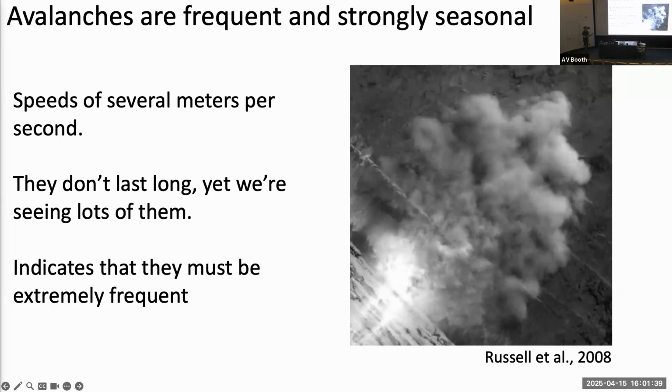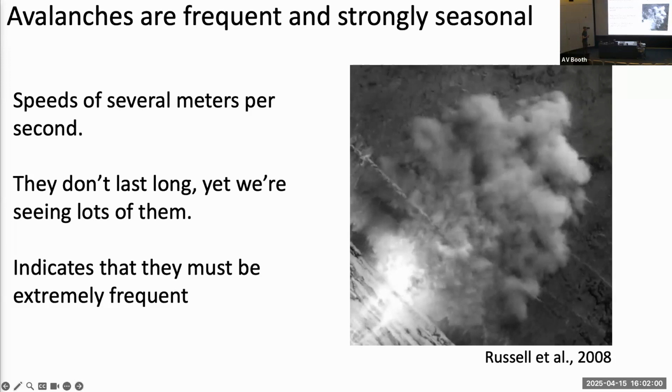You can put those together into an animated GIF, which is static 99.99% of the time, but for occasionally dynamic phenomena like dust devils or avalanches, you can see some movement. You can also measure the movement and see how quickly these things are moving. And these avalanches are moving at several meters per second when we image them.